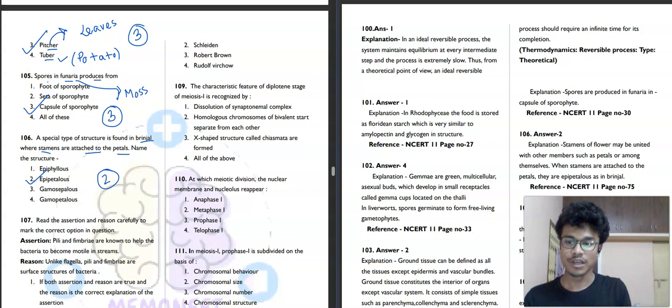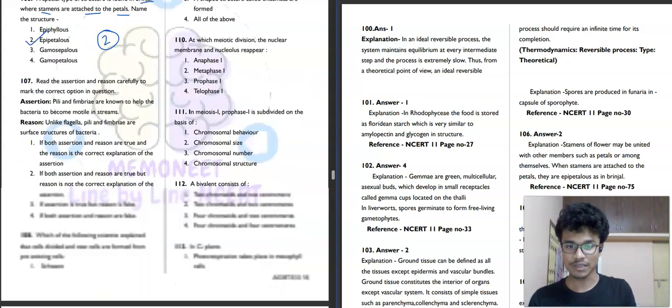Considering the other options: gamosepalous means when sepals are fused, gamopetalous means when petals are fused, and epiphyllous means when stamens are attached to the perianth. So the second option will be our correct answer for this question.